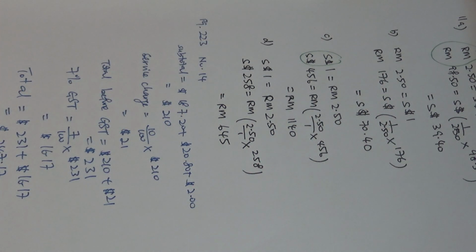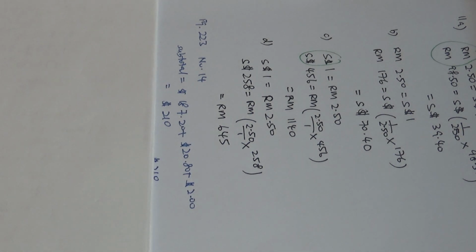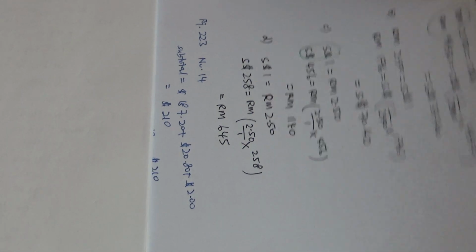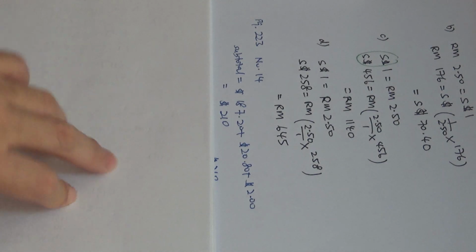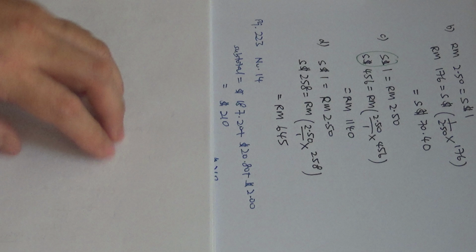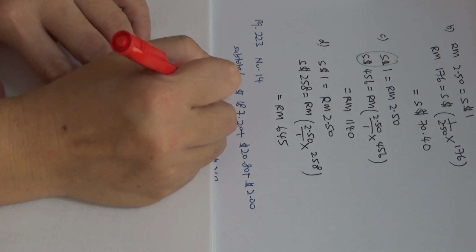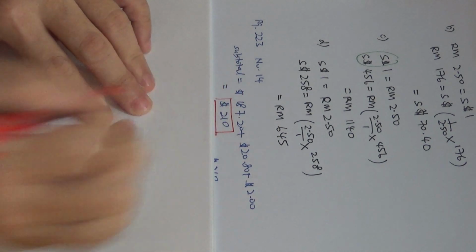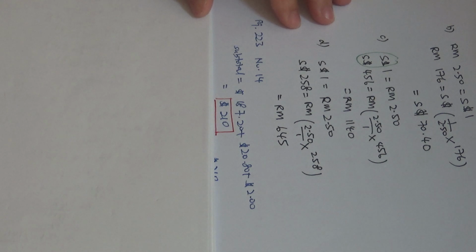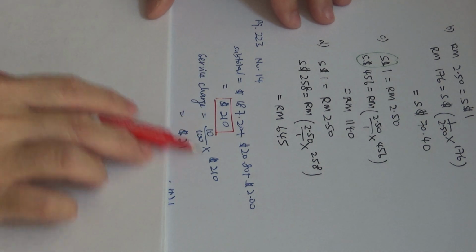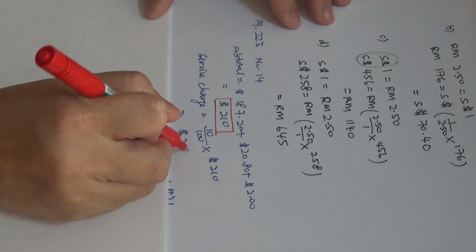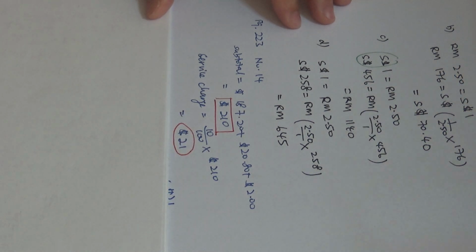Alright, now I'm going on to the next question, and that is page 223, question number 14. Now it's the same as what we have done earlier. In order to get the subtotal, I have to add up everything. So this will give me the subtotal. Then service charge is 10% of the subtotal. I will get $21.